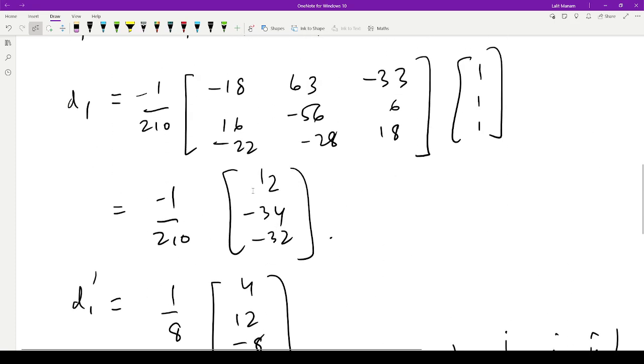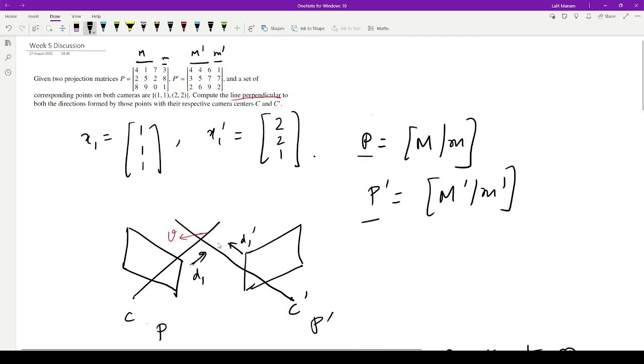So this is the direction in which, if you make a line, it will be perpendicular to both d1 and d2. So v is perpendicular to d1, v is perpendicular to, not d2, it's d1 prime. Is this question clear?